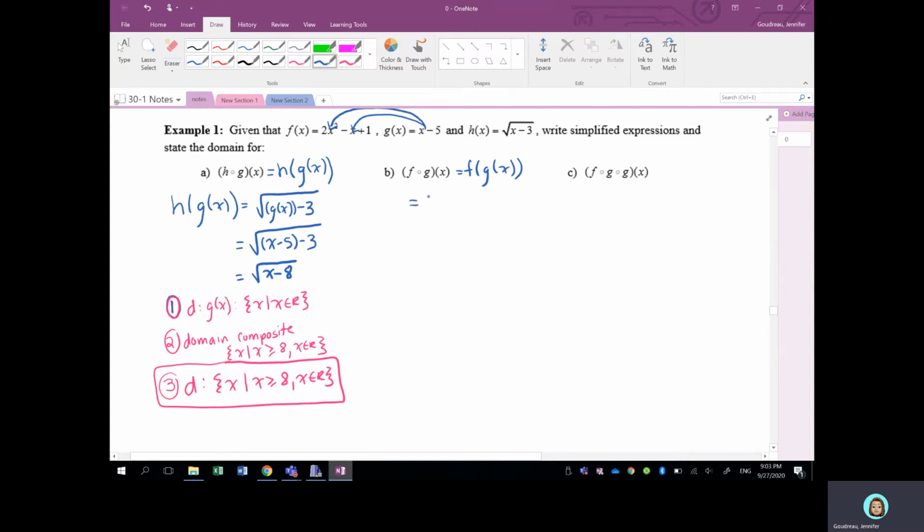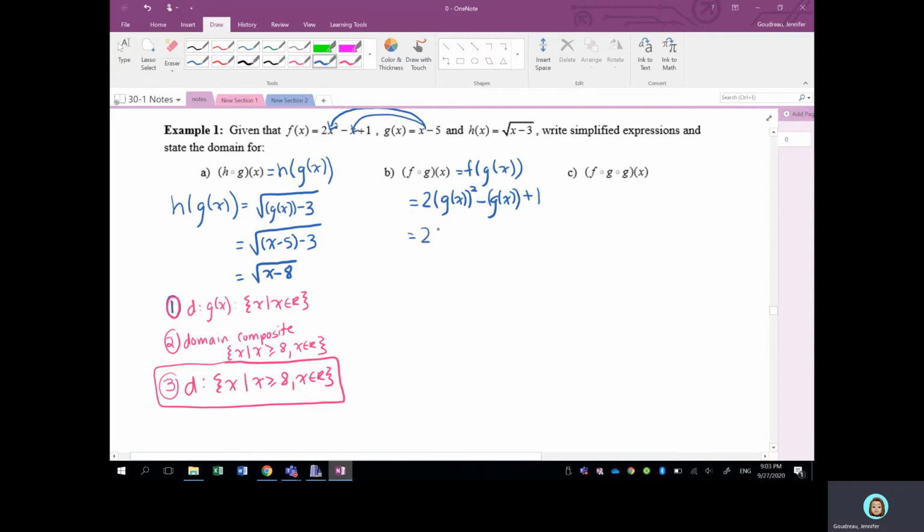It would be 2 instead of x squared, g at x squared. Then instead of minus x, minus g at x, then plus 1. So we took the x out and replaced it with g at x. But we know the equation for g at x. It's x minus 5.